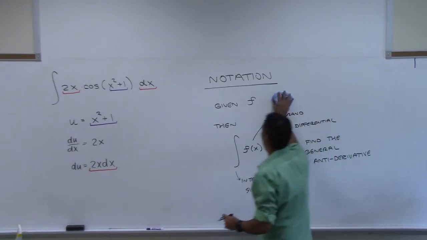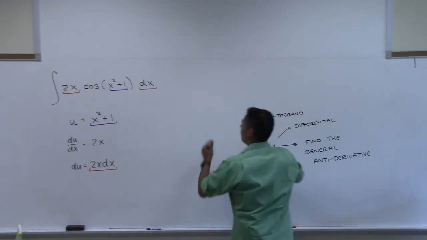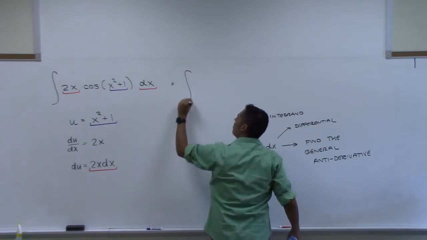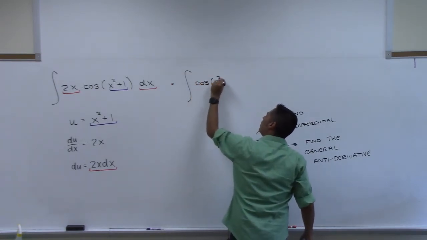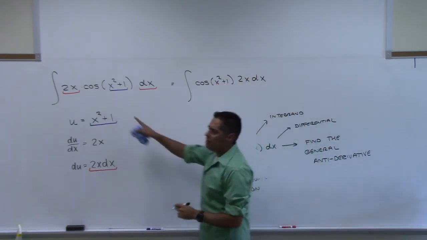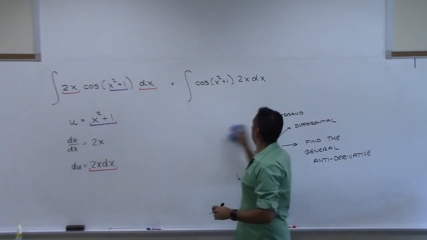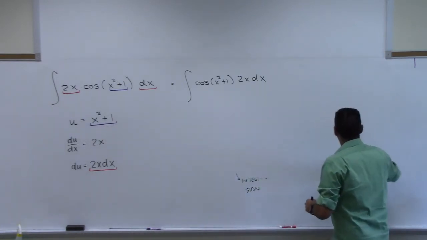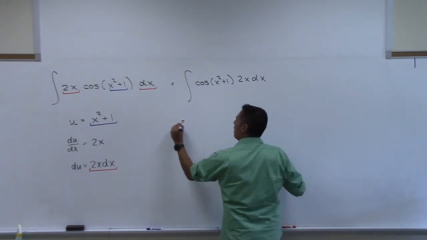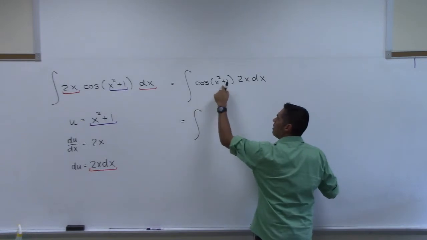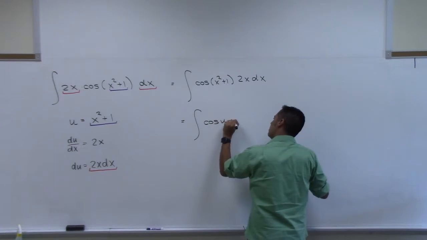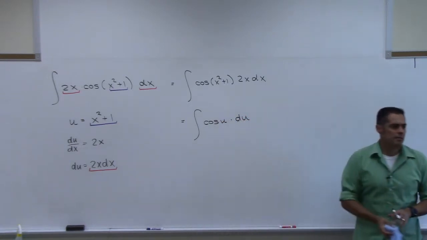So I'm going to now rewrite the integral. And I think I'll go ahead and do that step since this is our first problem. I went ahead and slid that 2x over here, and now rewrite the entire integral in terms of u. So the antiderivative of cosine of u du.